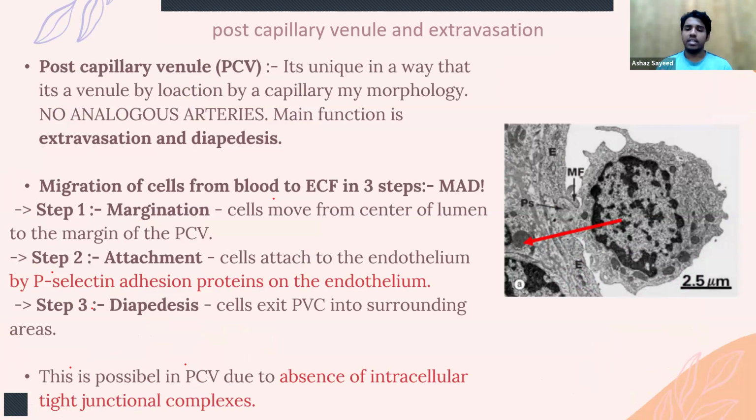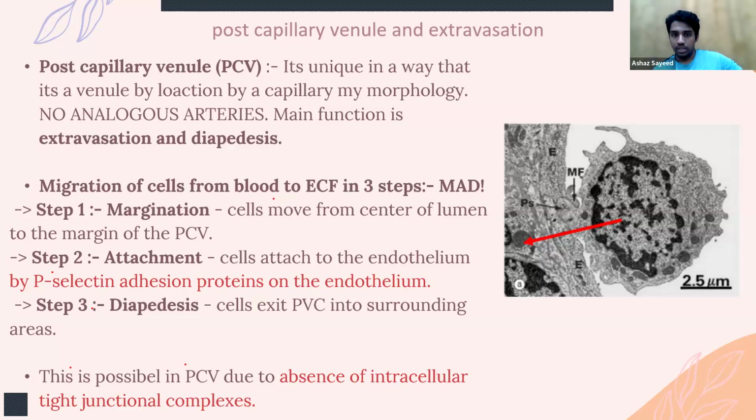Now it's unique because, first thing, it does not have an analogous artery. Many people might think that the arteriole is analogous to the post capillary venule, but by function, it really is not. It's unique in a way that it's a venule by location. Yes, it comes after the capillaries.